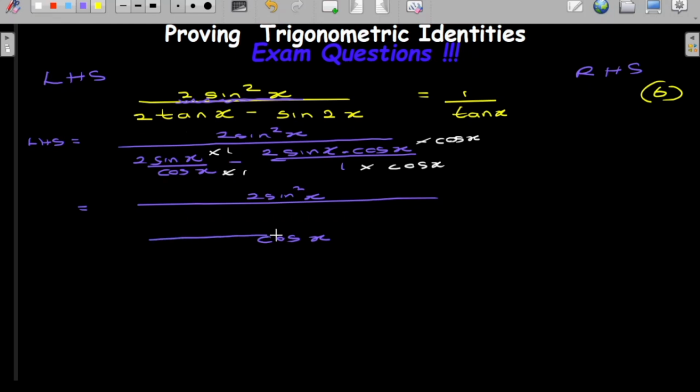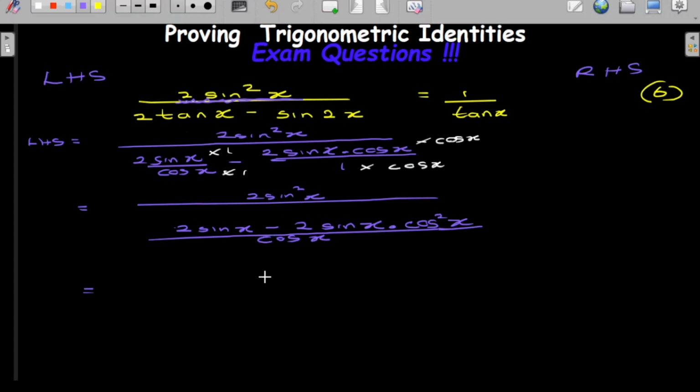You have to get used to having a fraction with a fraction in the denominator or numerator. Here we're going to have 2 sin x minus 2 sin x times cos times cos, because the other cos came from the other denominator, but I'll square one cos because it'll be the same thing. You must just be careful not to mix things up.